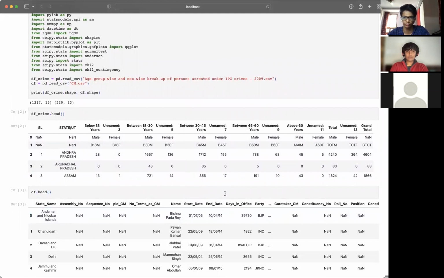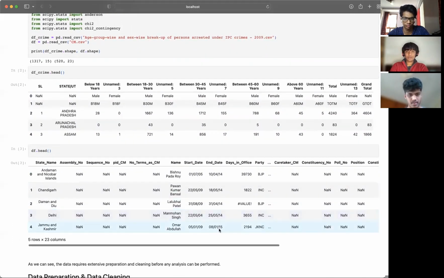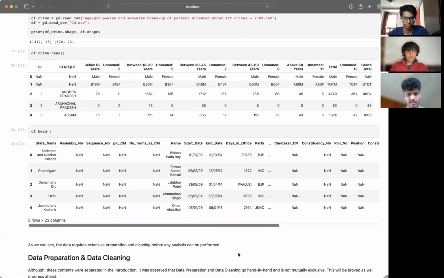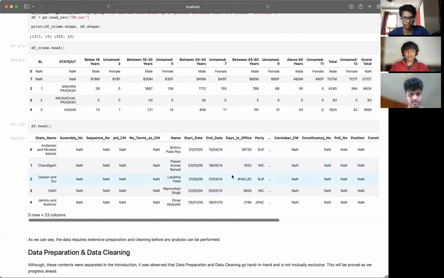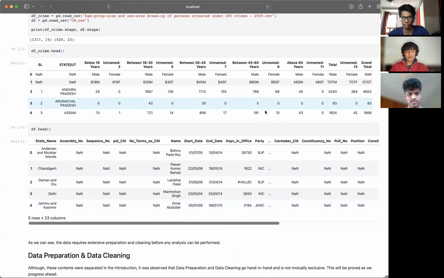We found the data set for age group wise and sex wise breakup of persons who were arrested under the various Indian Penal Code crimes. As you can see in the cell over here, you have various different states, and based on the age and the sex of the people, the crimes committed have been noted.